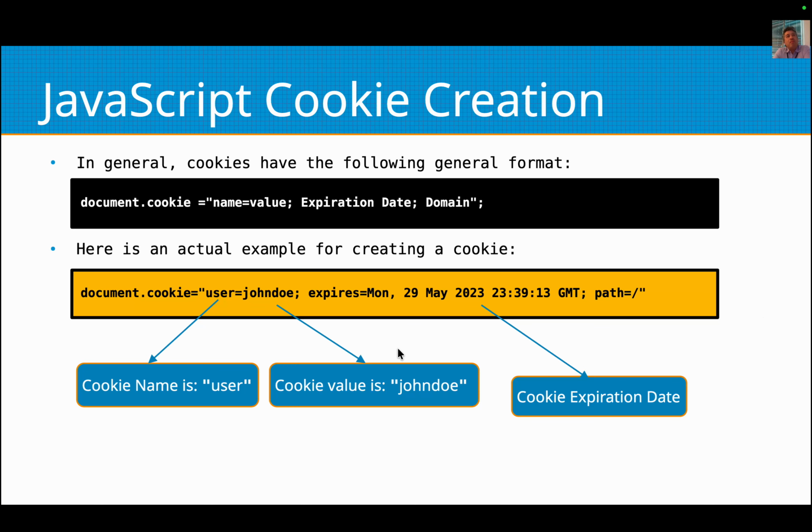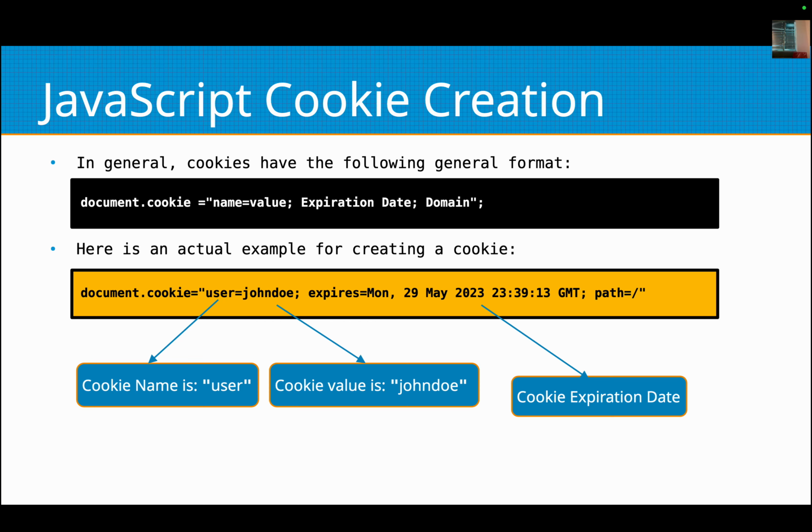So here's an example of how you define a cookie. You have 3 components. The cookie itself, which is the cookie name and the cookie value. You have the cookie expiration date, so this is the expiration date of the cookie, and this is the domain.